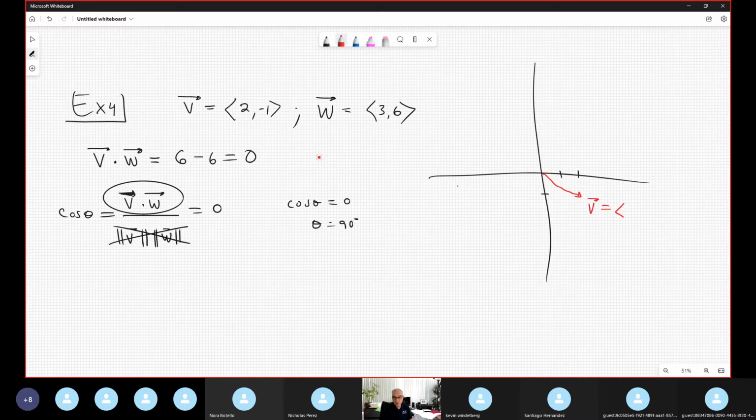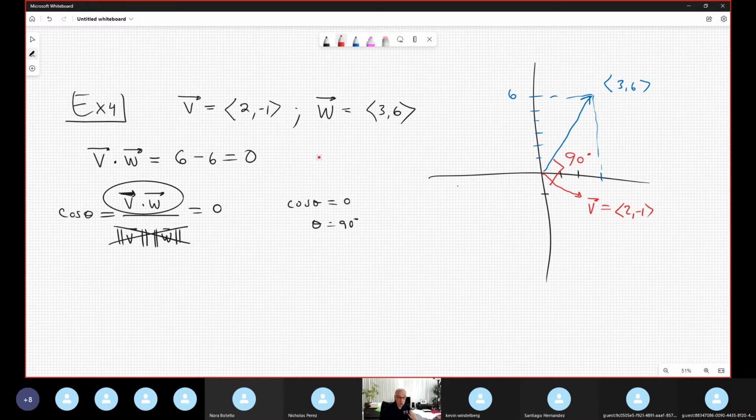The component in X is 2, and the component in Y is negative 1. And the vector W is 3 and 6. Wow, amazing. This vector is 3, 6. And this angle I discovered mathematically is 90 degrees.